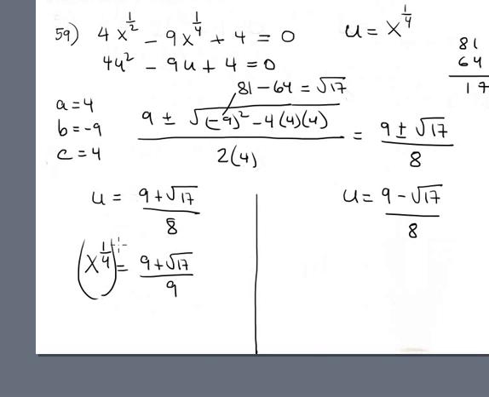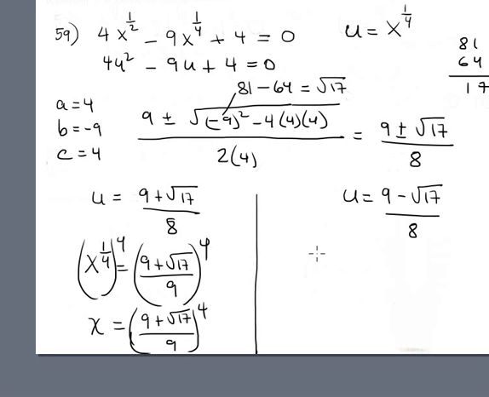You raise to the 4th power both sides. x is equal to 9 plus radical 17 over 8 to the 4th power. You can leave it like that. In this case, the square root of 17 is less than 9, so this is a positive answer.